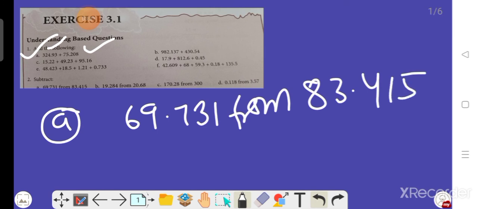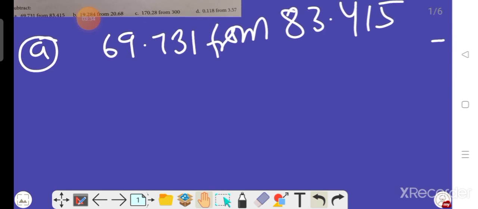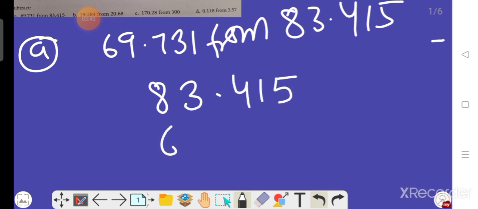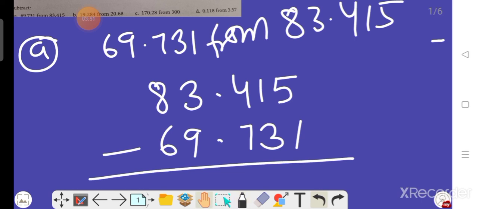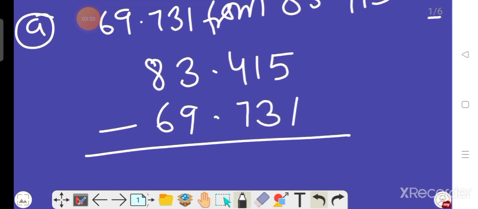Okay, we have to subtract. Now write the number here, 83.415. Put the whole part below the whole part of the number, and the decimal part below the decimal part of the number. Then we have to minus, and same like addition we have to start from the right side. So 5 minus 1 is 4.